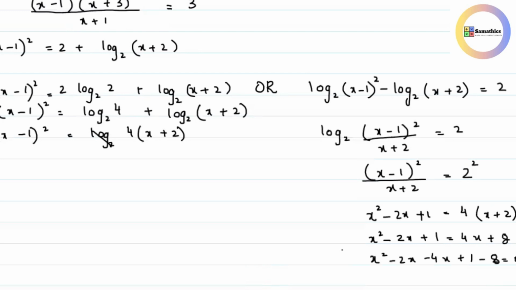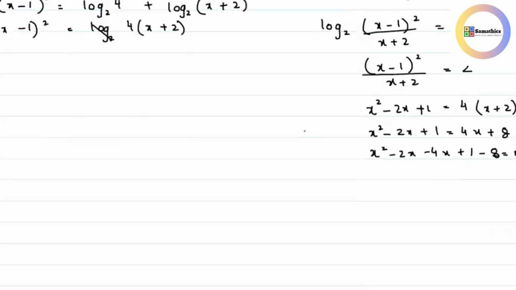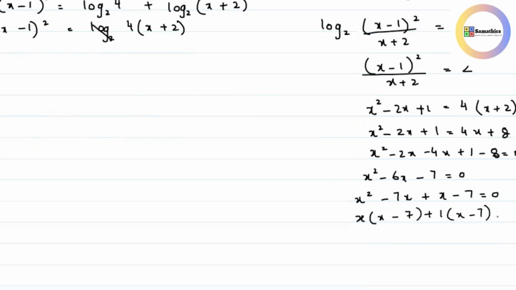So we'll be having x square minus 6x minus 7 is equal to 0. x square minus 7x plus x minus 7 is equal to 0. x (x minus 7) plus 1 (x minus 7). So we have (x plus 1) and (x minus 7). We have two values: x is equal to minus 1 and x is equal to 7.